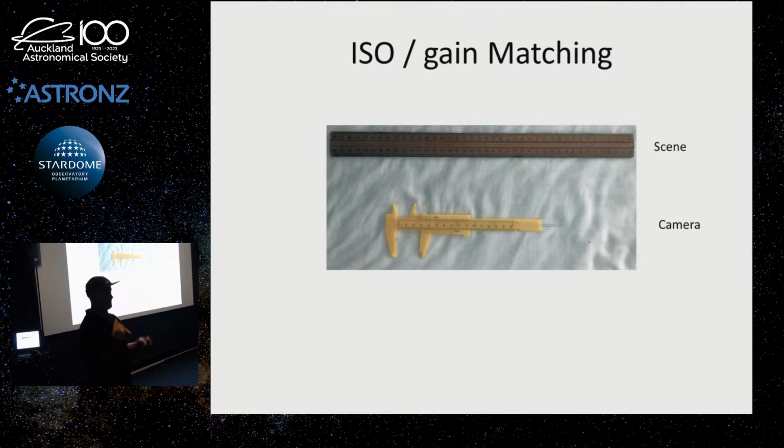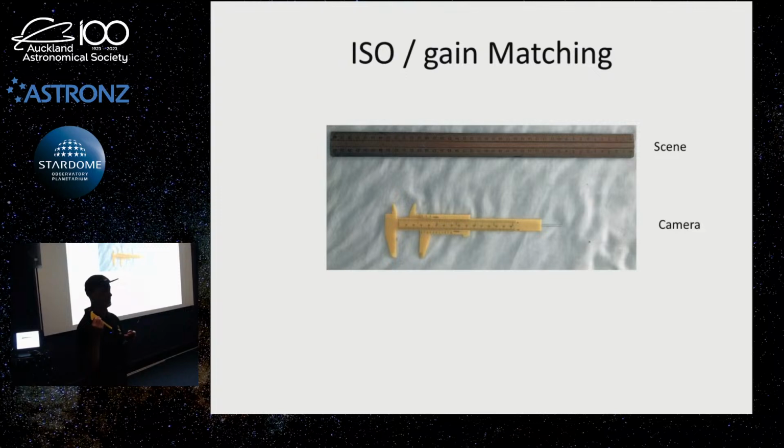There are some scenes that have a lesser dynamic range than your camera, and that can happen when you're doing narrowband imaging. So maybe imagine that is the dynamic range of your scene, and this is the dynamic range of the camera. What you don't want to be doing is using just the bottom part of the well. You want to use the full part of the well.